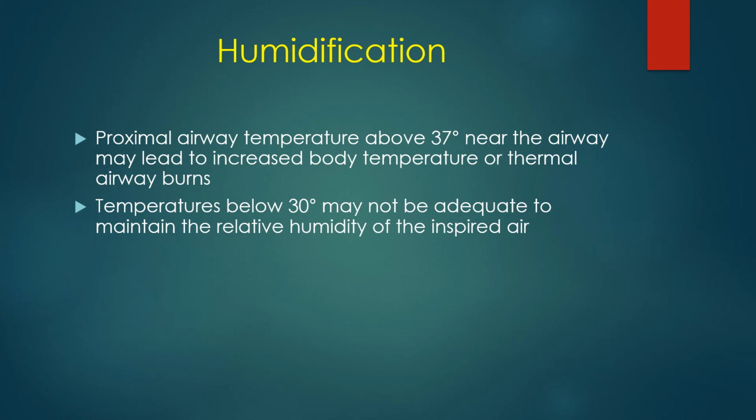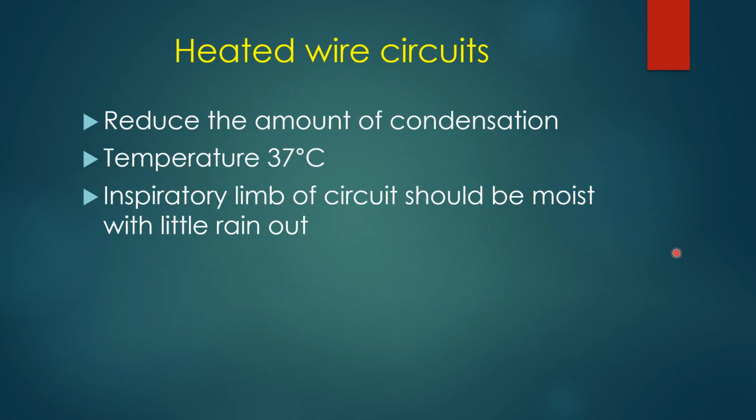Now, as I said, in the past we had problems with water sloshing around in the tubing. With a heated wire circuit, the way that works is that there is a wire on the inside of the circuit that is warm. It's warm because there's a small current of electricity passing through it, and the friction of the electrons going through that wire causes heat.